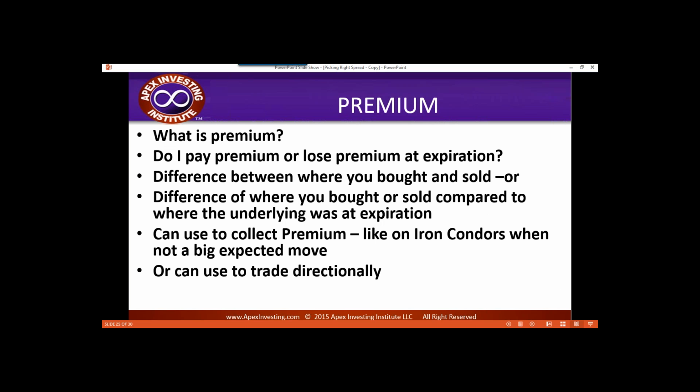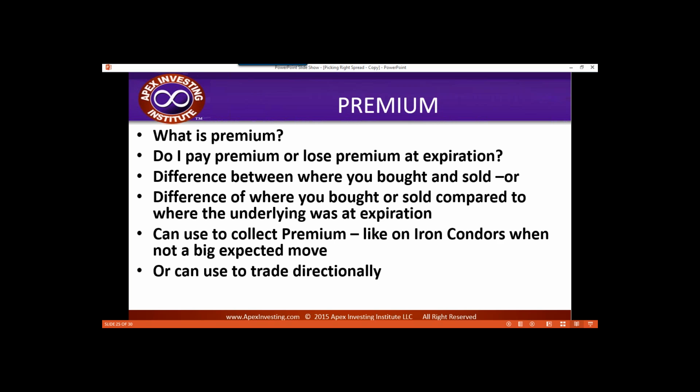All right, so premium. Some people are asking, what is premium? Do I pay or lose premium at expiration? Well, you can explain it a couple of different ways.